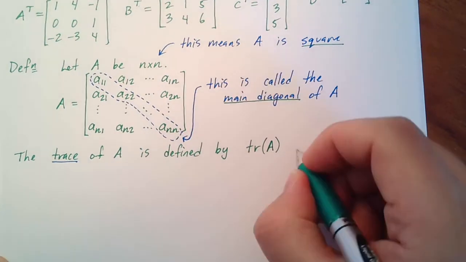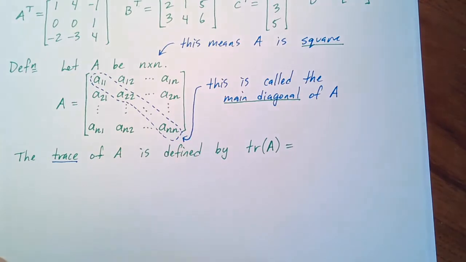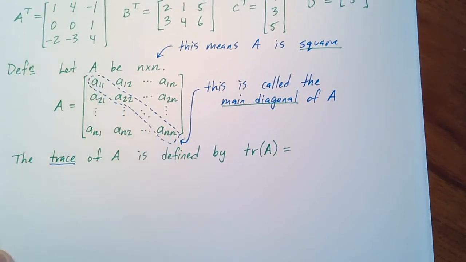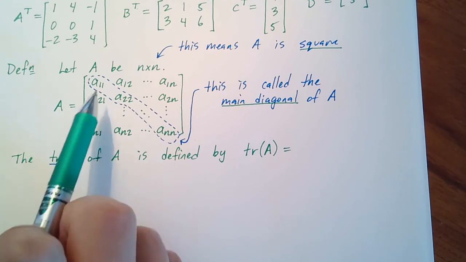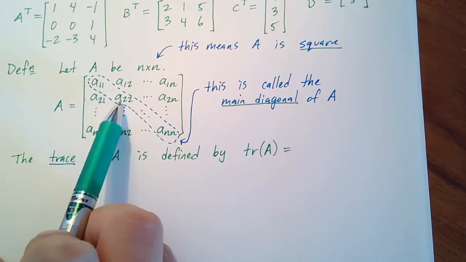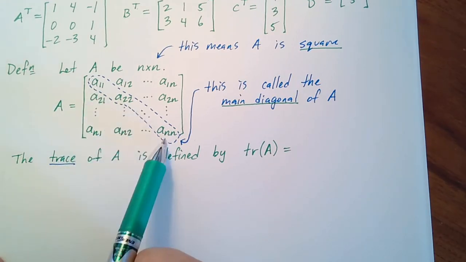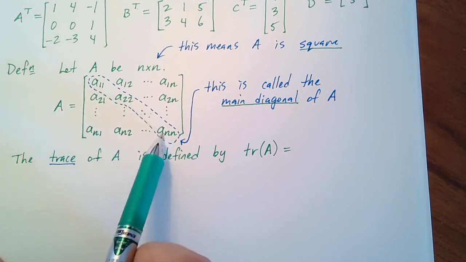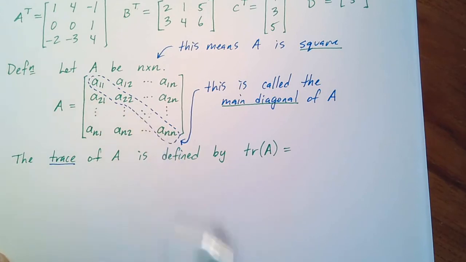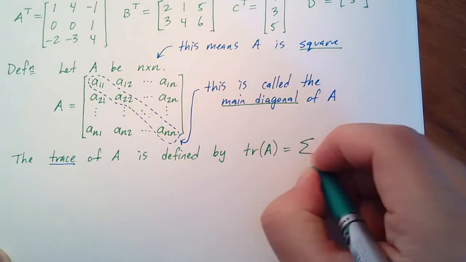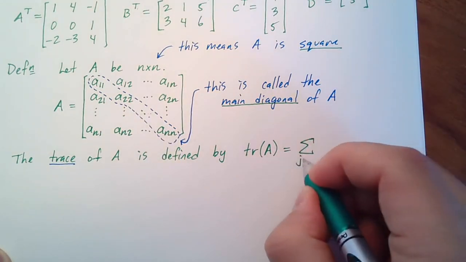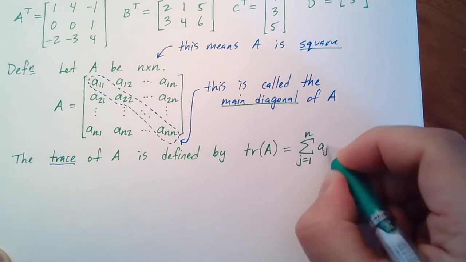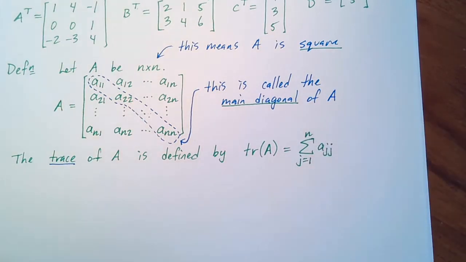And all it is, you just add these entries up. Add the entries on the main diagonal all up. So we have notation for that. It's all the entries whose row index and column index are the same. So A11, A22, next one would be A33, and so on, all the way to the very last one, ANN. So you're really just taking the sum from j equals 1 to n of AJJ, right?